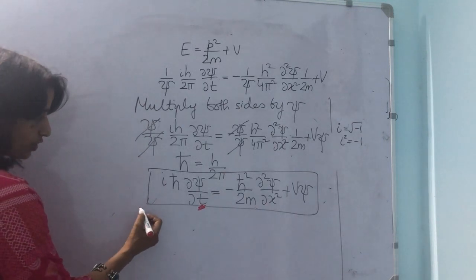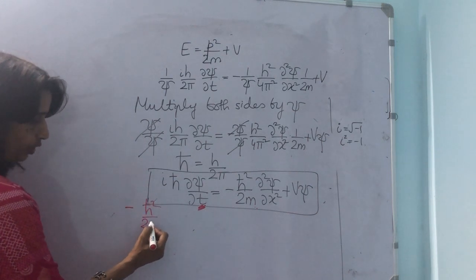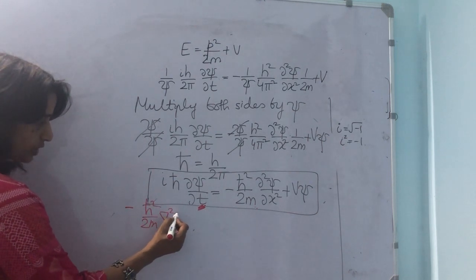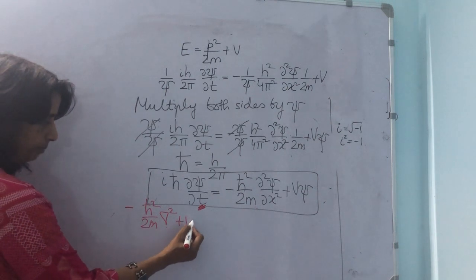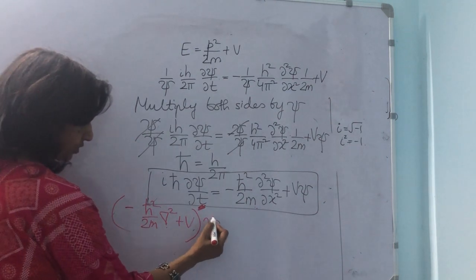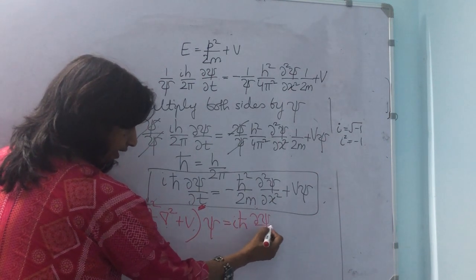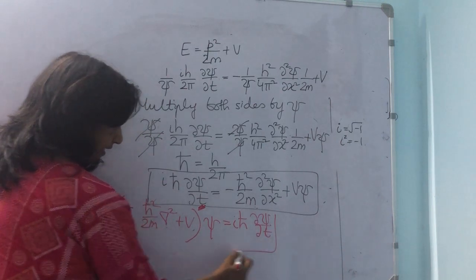So your equation then becomes minus h bar square upon 2m del square for x, y, z plus V into phi is equal to i h bar del phi by del t.